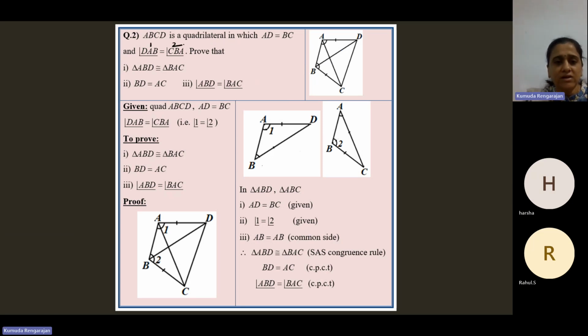And AB is a common side to both the triangles. Apart from that, we are given that AD is equal to BC.